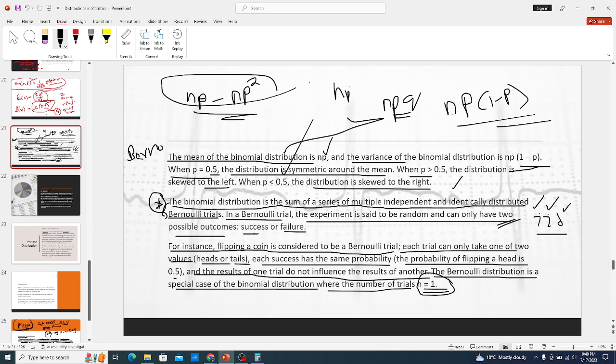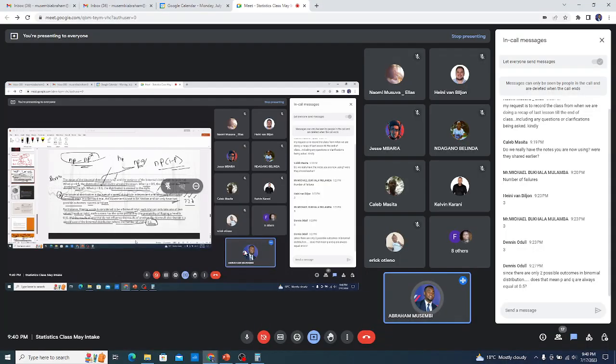If we have more than one trial, it changes from Bernoulli to binomial distribution. Are we clear up to that point?